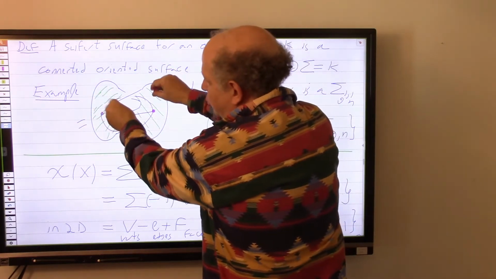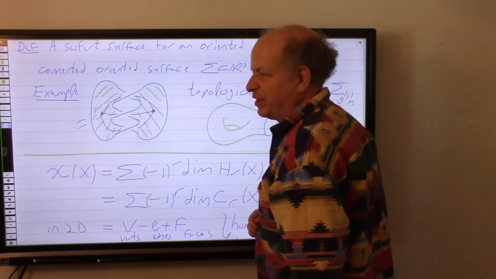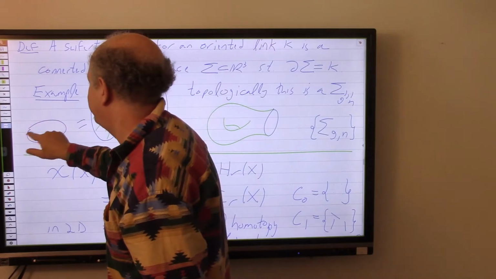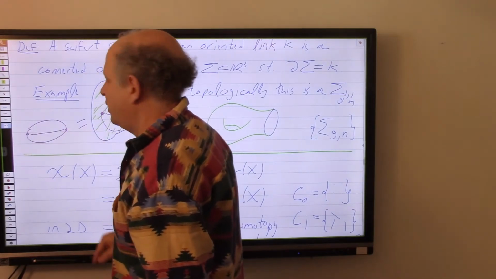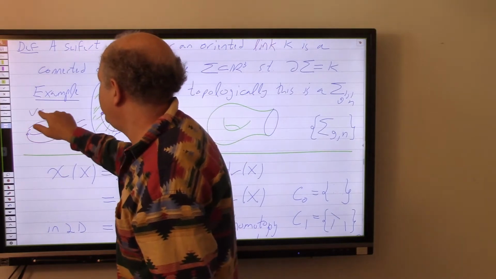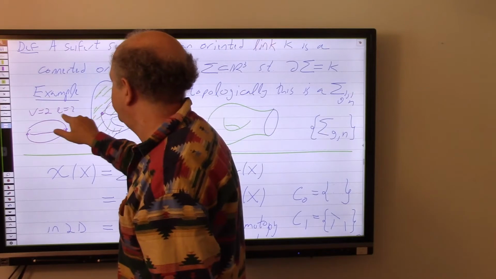You can shrink all the bands to this graph. So this is homotopy equivalent to a theta graph. A theta graph has 2 vertices, so V is equal to 2, and 3 edges, so E is equal to 3.